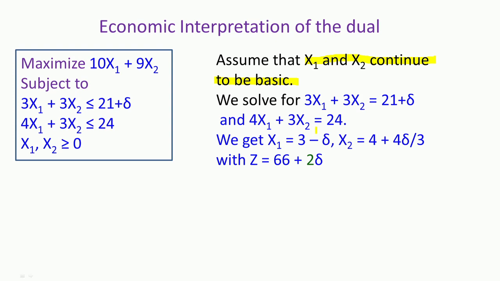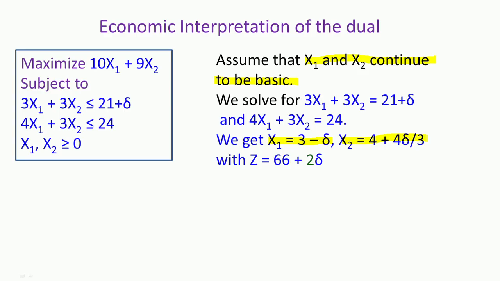When 3x1 plus 3x2 is equal to 21 plus delta and 4x1 plus 3x2 is equal to 24, if we actually solve, we will get x1 is equal to 3 minus delta, x2 is equal to 4 plus 4 delta by 3, and when we substitute, the objective function will be 66 plus 2 delta.